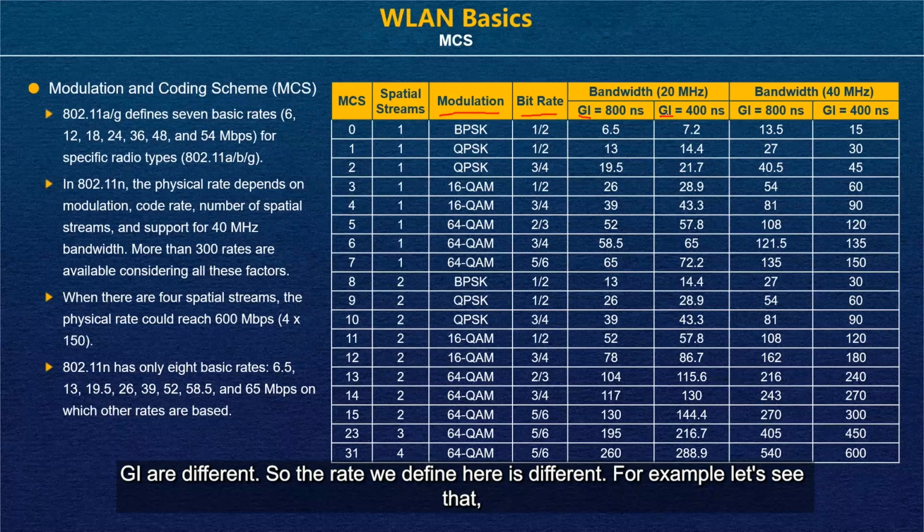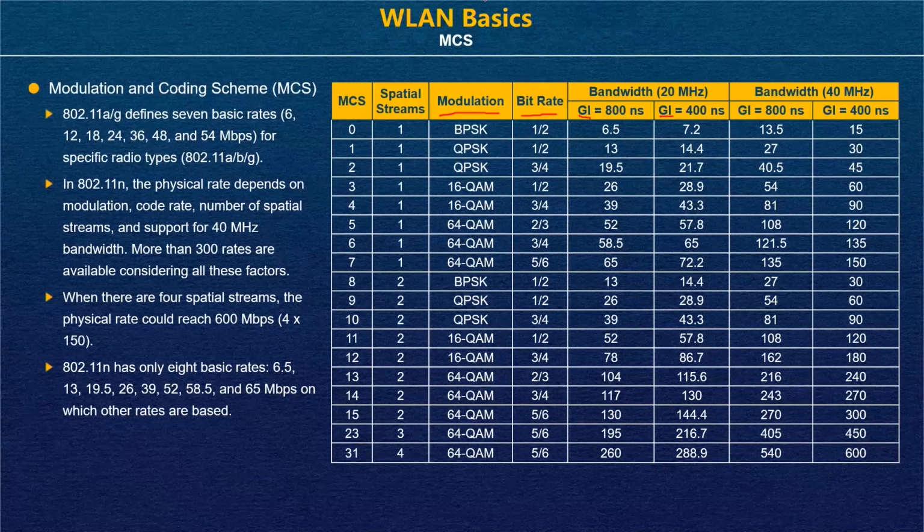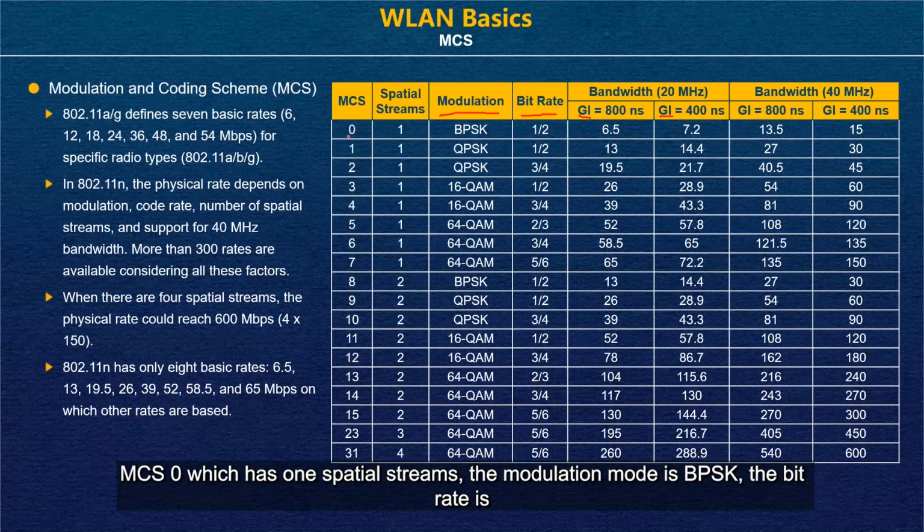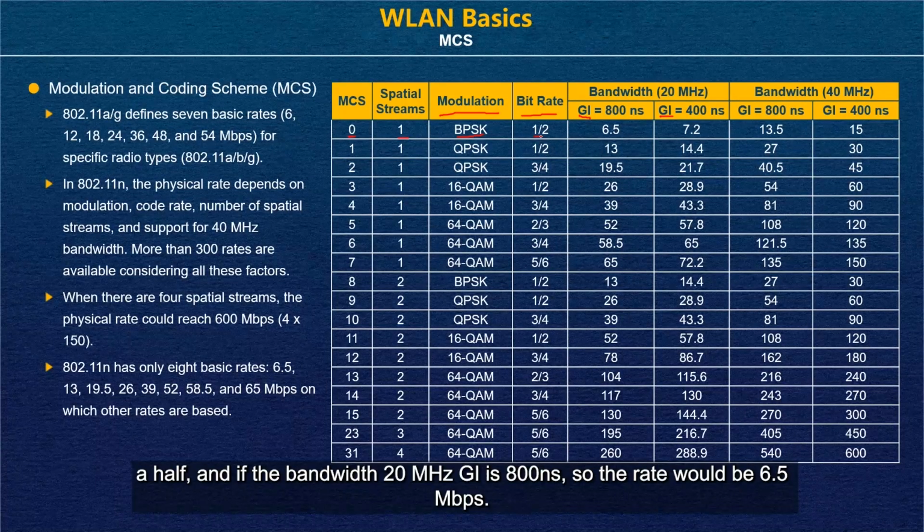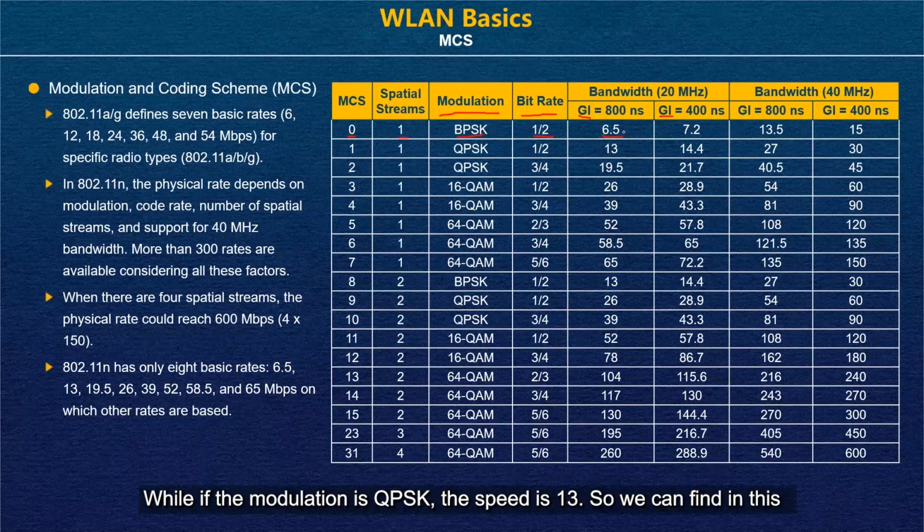For example, let's say that MCS 0, which has 1 spatial stream, the modulation mode is BPSK, the bit rate is half, and if the bandwidth is 20 MHz, G is 800 ns, so the rate would be 6.5 Mbps.